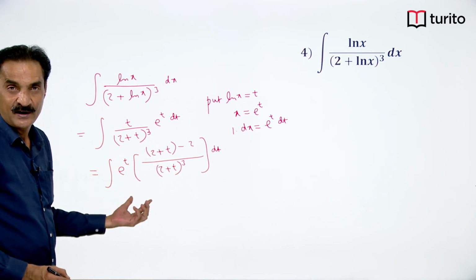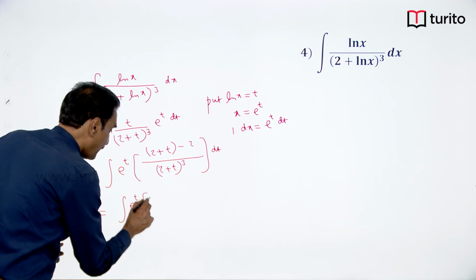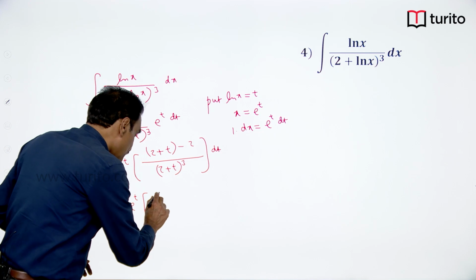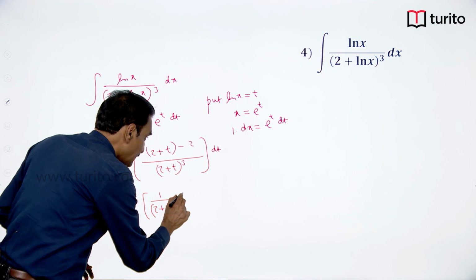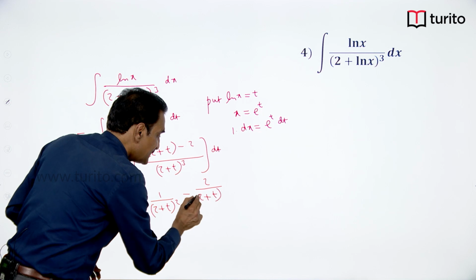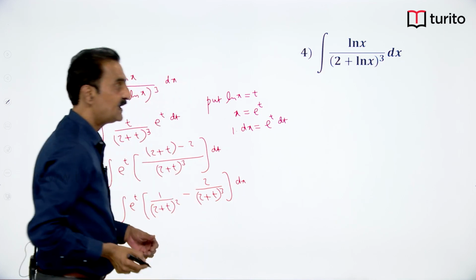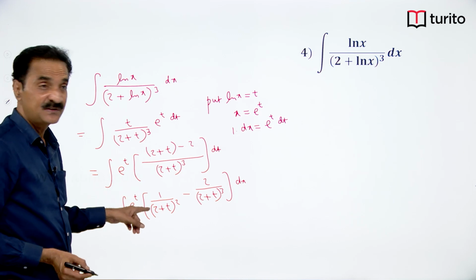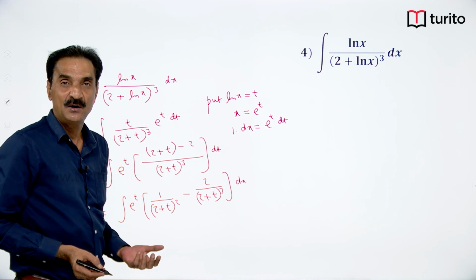Now, separating the denominator, you will get e power t into 2 plus t by 2 plus t whole cube is 1 by 2 plus t whole square. Next is minus 2 by 2 plus t whole cube dx. Now, if you observe, derivative of 1 by 2 plus t whole square is minus 2 by 2 plus t whole cube.